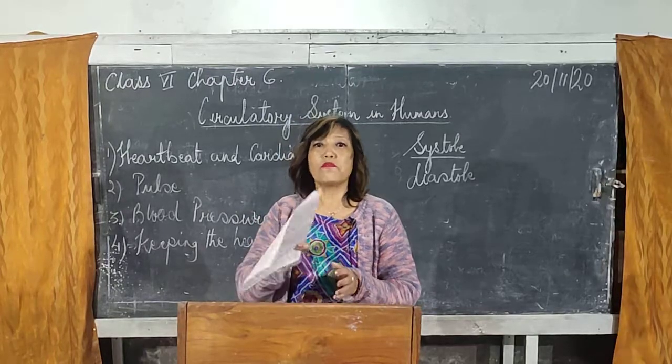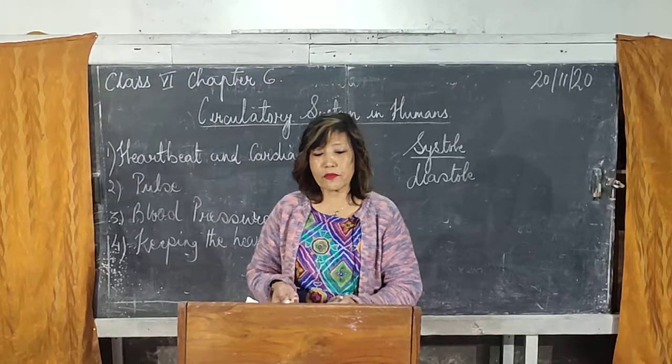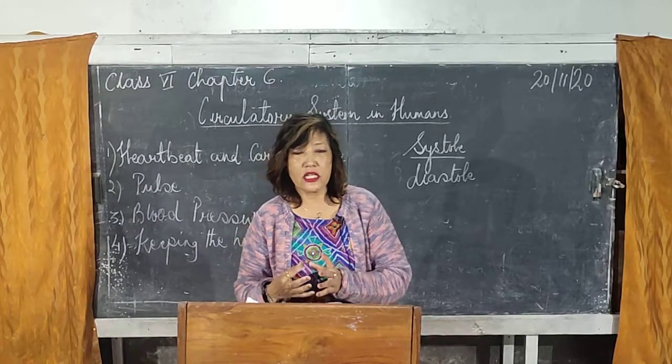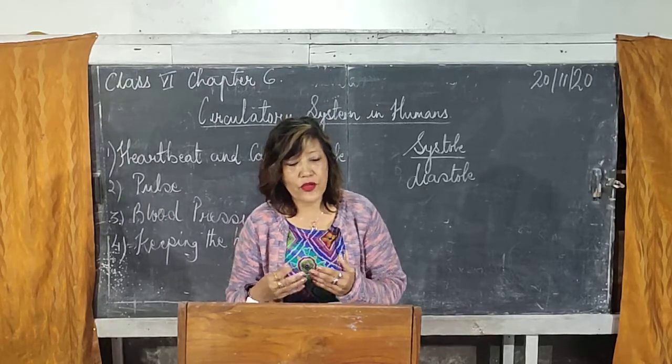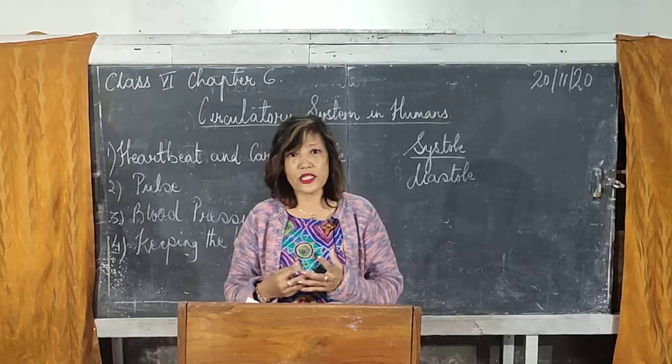Then comes blood pressure. Now what is blood pressure? Blood pressure is the force of blood pushing against the walls of arteries. Each time your heart beats, it pumps the blood into the arteries.